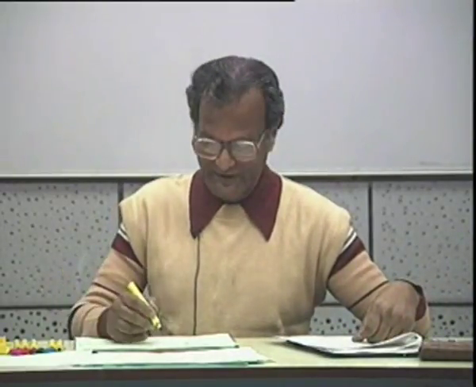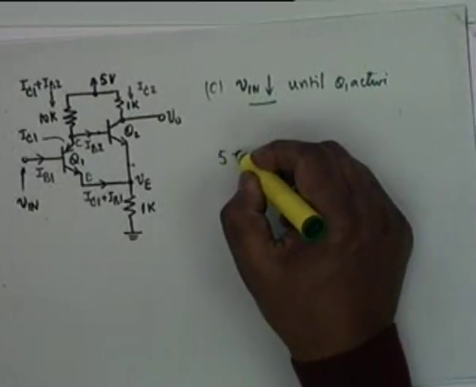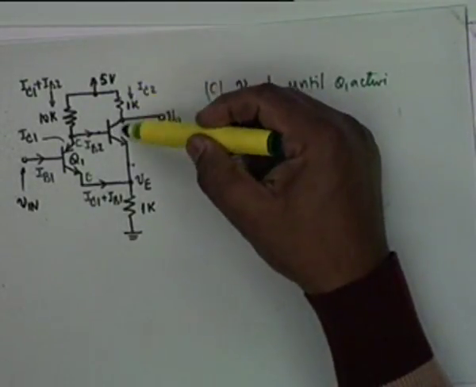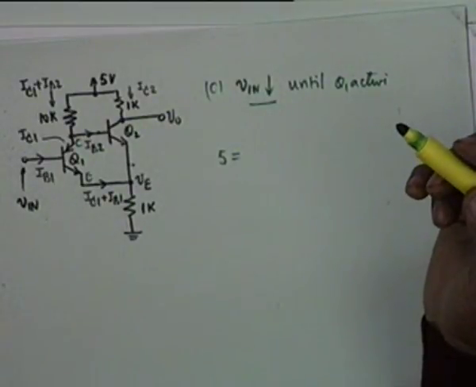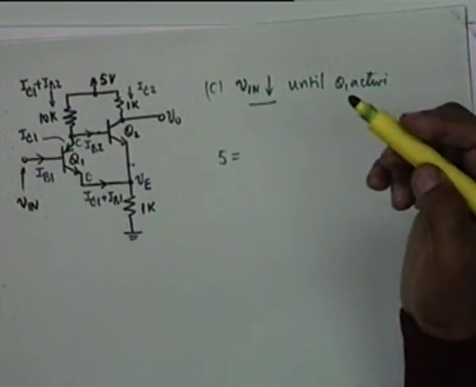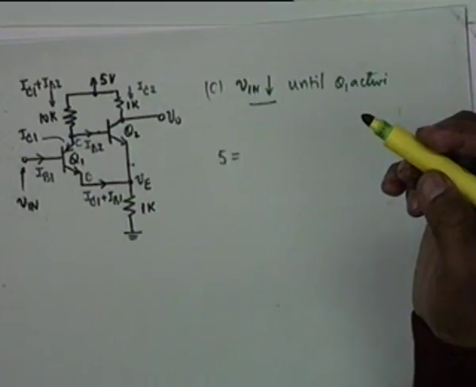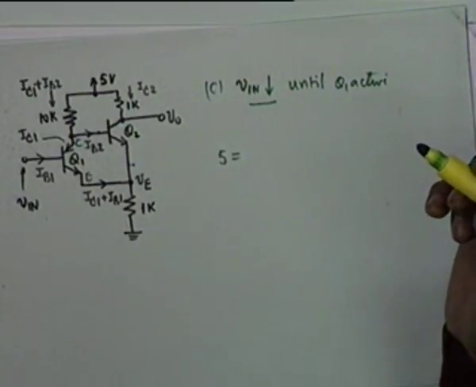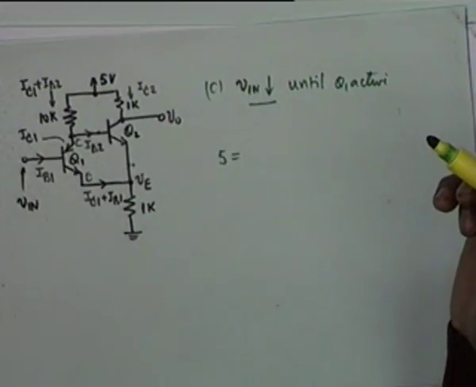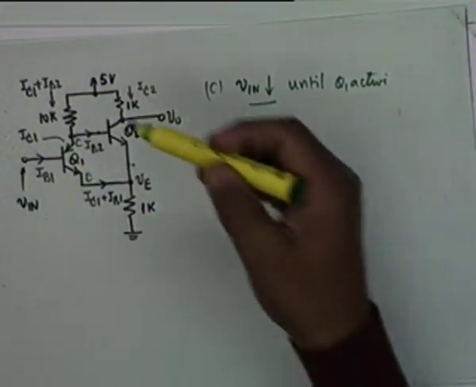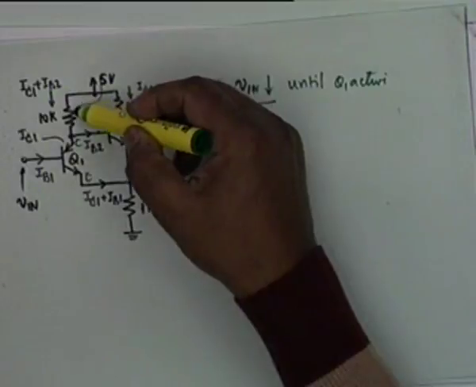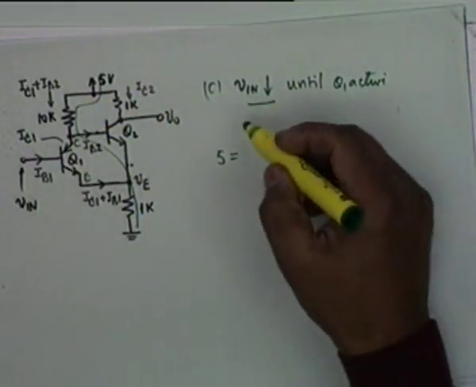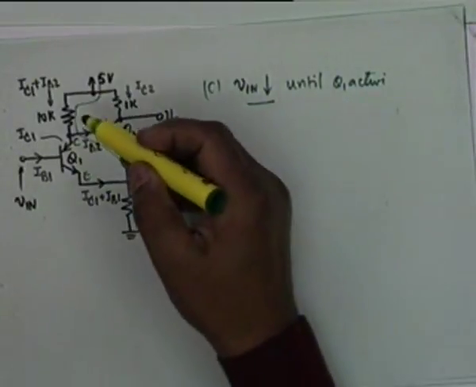So, if I apply KVL, and this transistor has just started conducting, then obviously... No, I'm sorry. We go to KVL via this. Then 5 volts shall be equal to what?